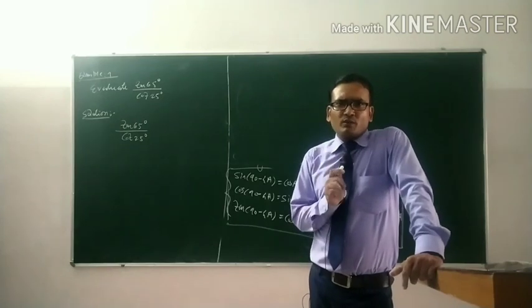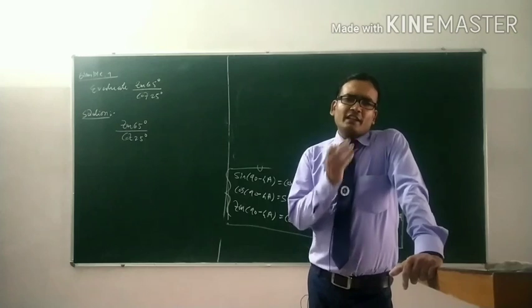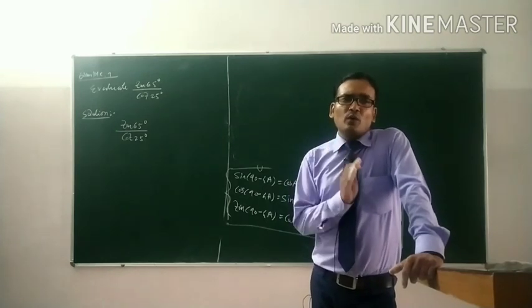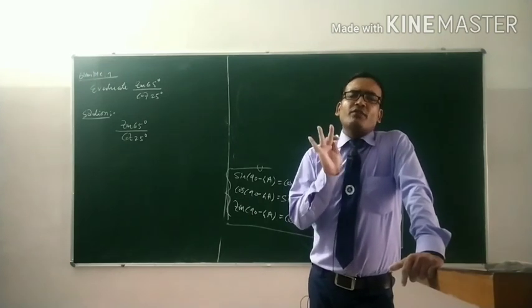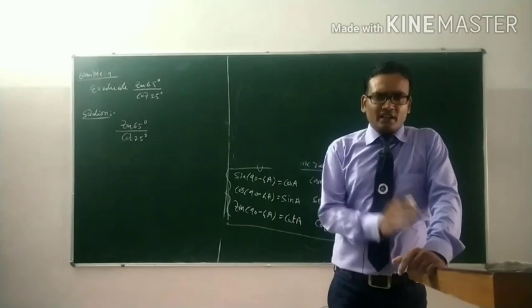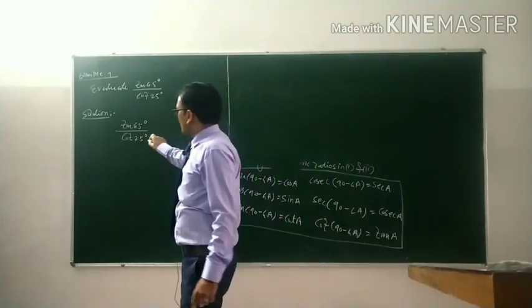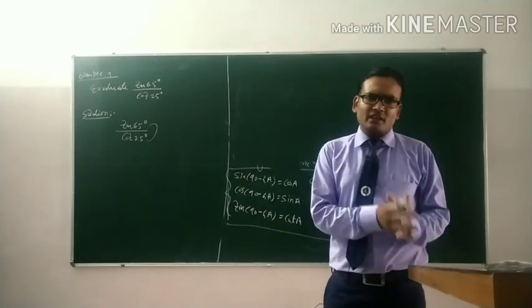Can you tell me what is the value of tan 65? Your answer is no sir. You only know the values of tan for 0 degree, 30 degree, 45 degree, 60 degree and 90 degree. Okay students. But here we observe that the angles 65 and 25 are complementary angles.